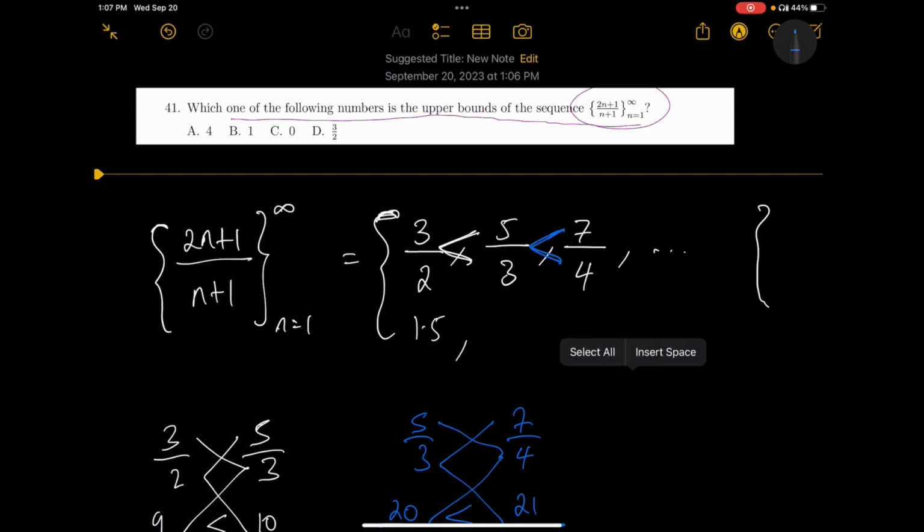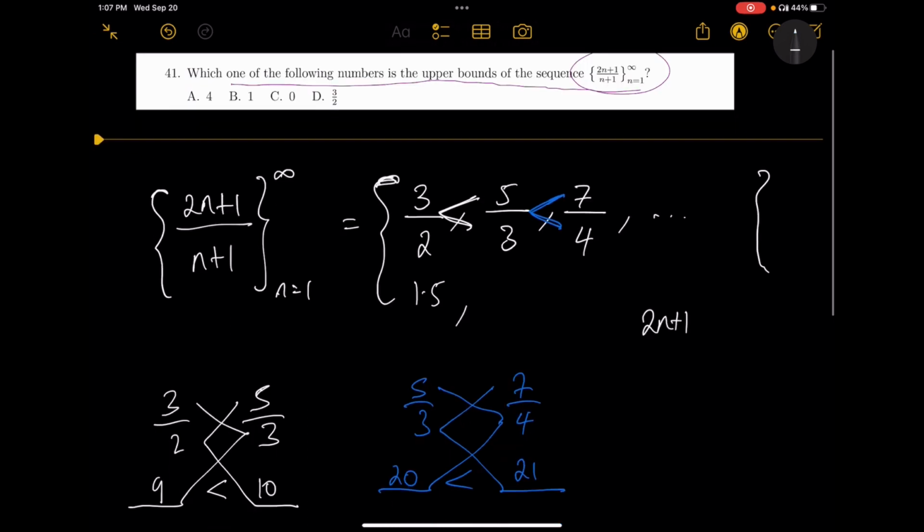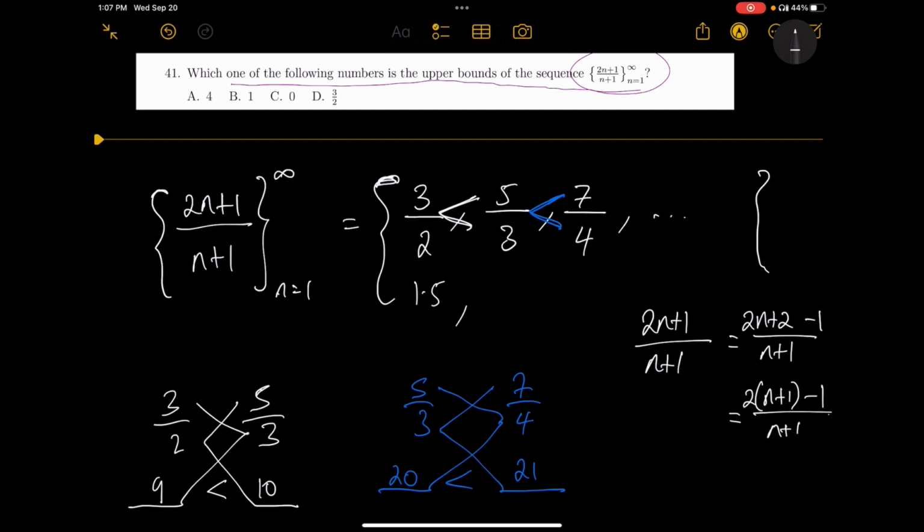By 2. Why? (2n plus 1) over (n plus 1) can be written as (2n plus 2 minus 1) over (n plus 1), which is 2 times (n plus 1) minus 1 over (n plus 1). I can write this as 2 minus 1 over (n plus 1). As n increases, 1 over (n plus 1) decreases.